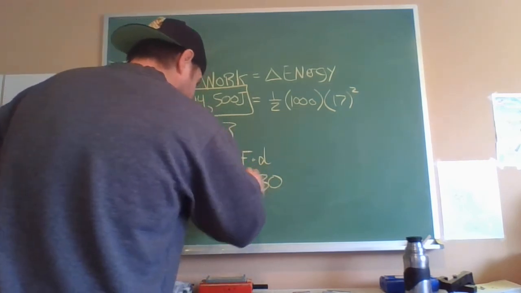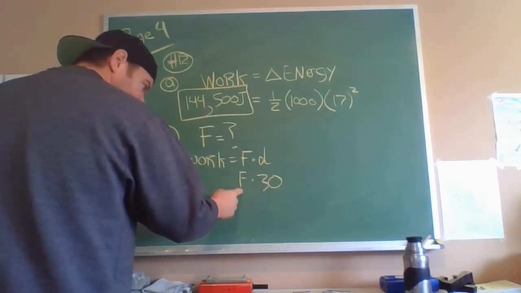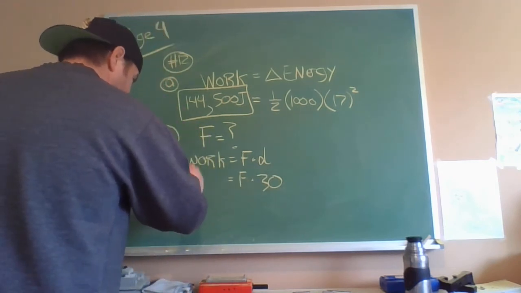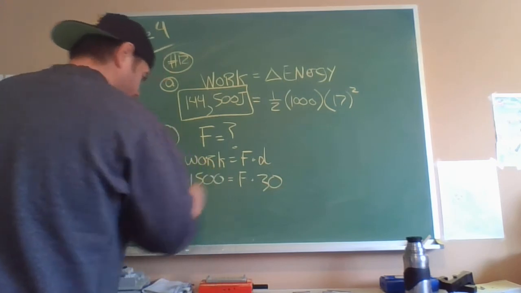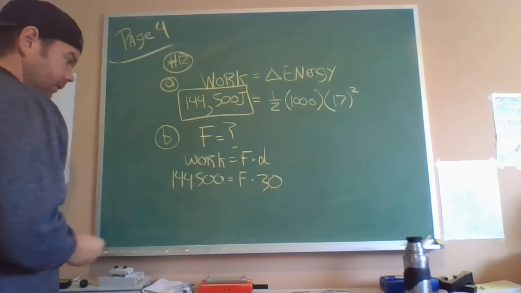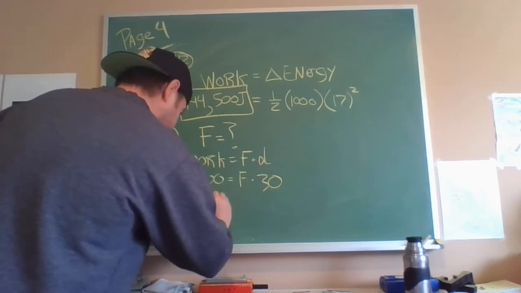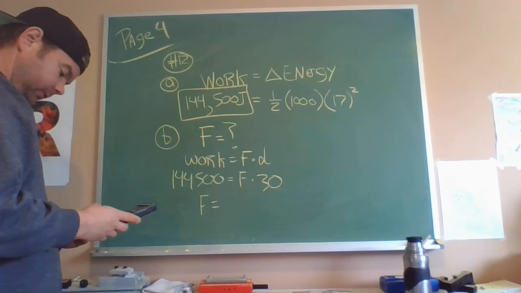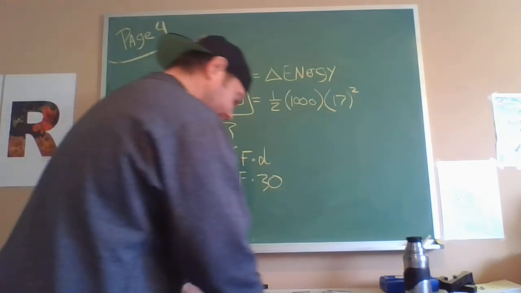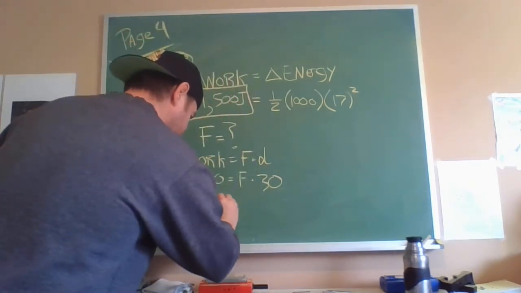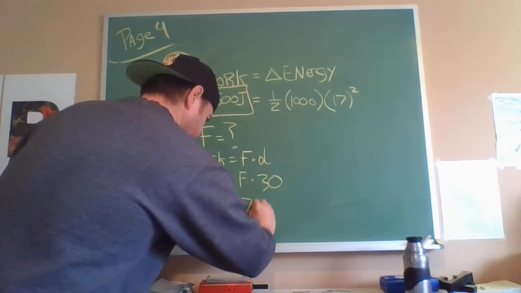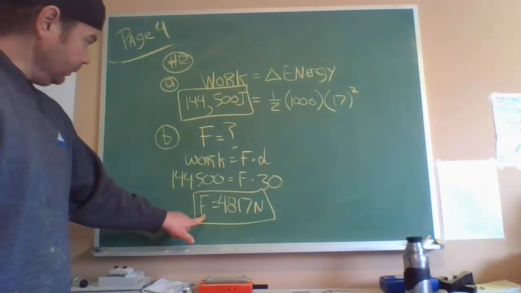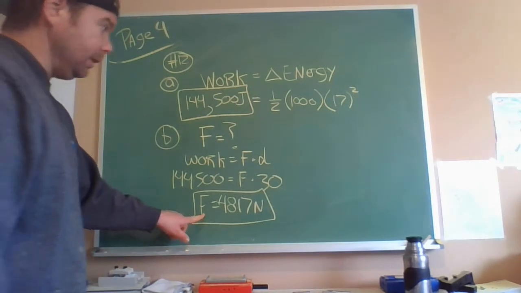So we can solve for the force by solving this equation: 144,500 equals force times 30. Divide both sides by 30, and you get 4,817 newtons. This is the amount of force that the car's brakes can apply.